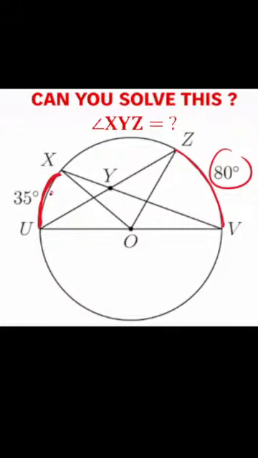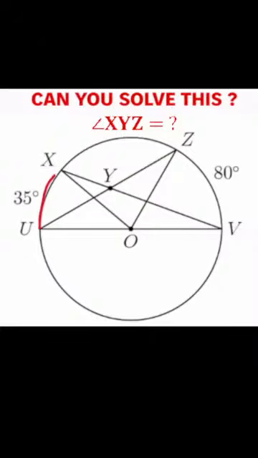Yes, angle XVU. No, that doesn't mean. Okay, guys, wait. Don't give the answers only. First of all, let me explain this concept to you guys, because most of the time you mess up with this.